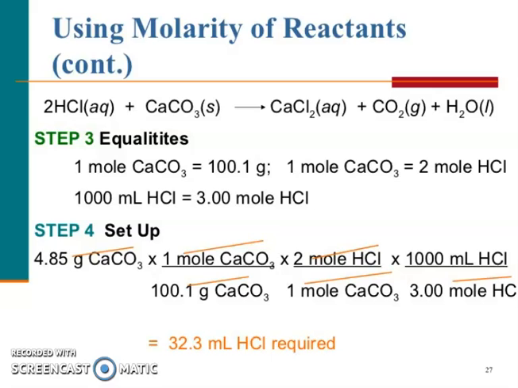Step 4, setup: 4.85 gram calcium carbonate times 1 mole calcium carbonate per 100.1 gram, times 2 moles hydrochloric acid per 1 mole calcium carbonate, times 1000 milliliter hydrochloric acid per 3 moles hydrochloric acid. After solving, you will get 2.3 milliliters hydrochloric acid.